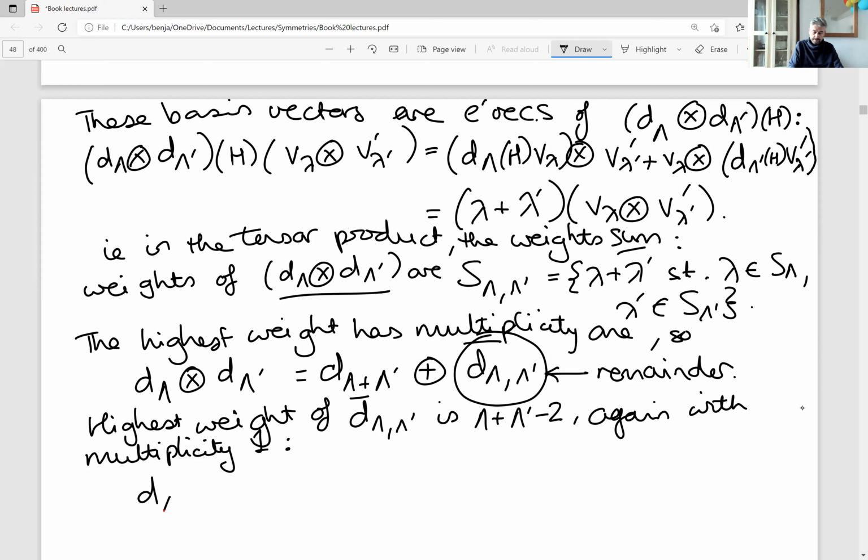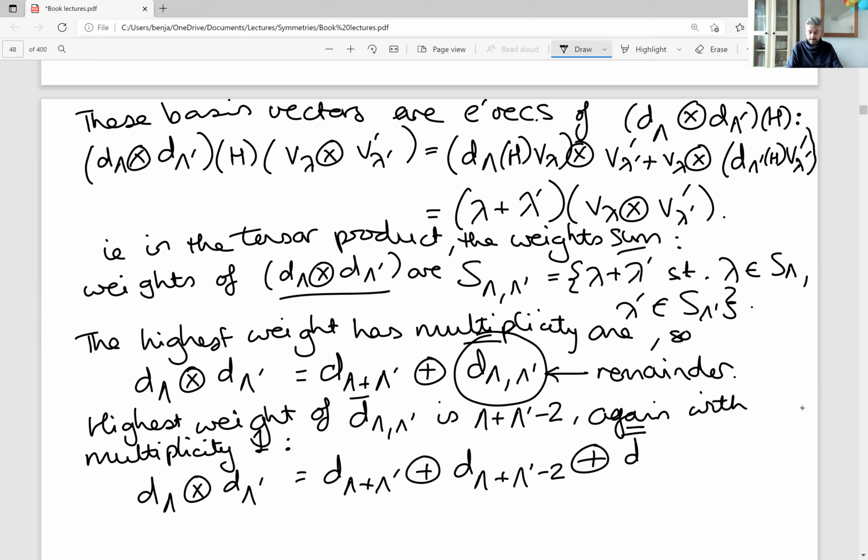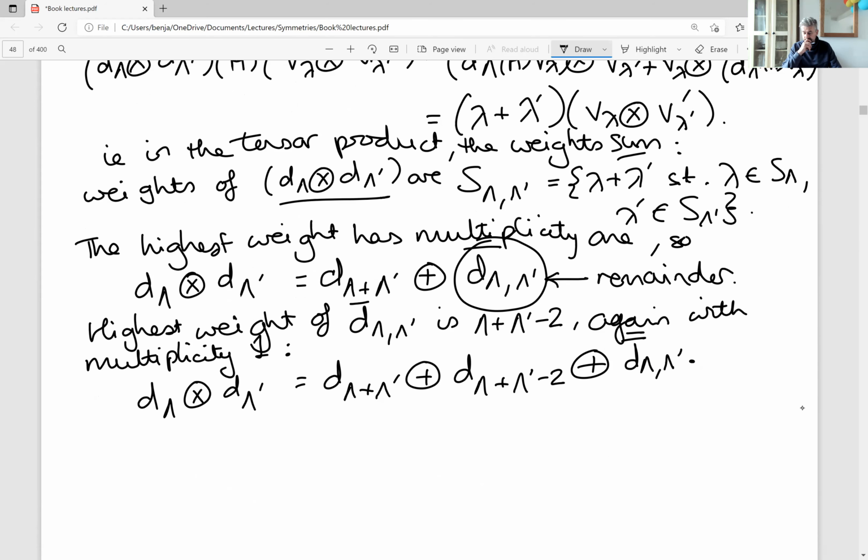So writing this down, we have d lambda plus lambda prime, plus d lambda plus lambda prime minus 2, plus, now I write the remainder of this with 2 bars. Every time we add an extra remainder, we add an extra bar.